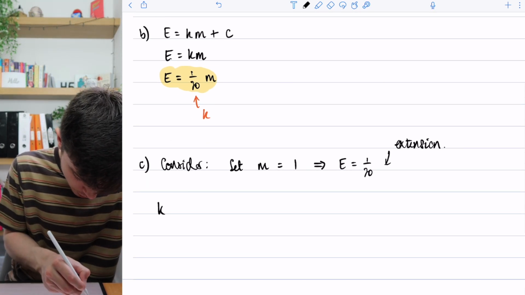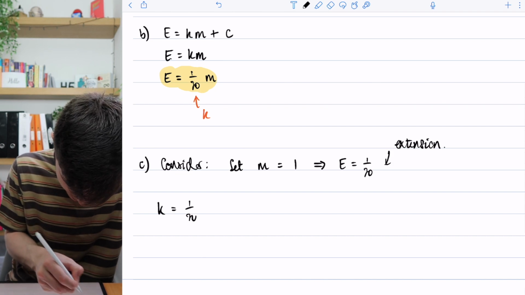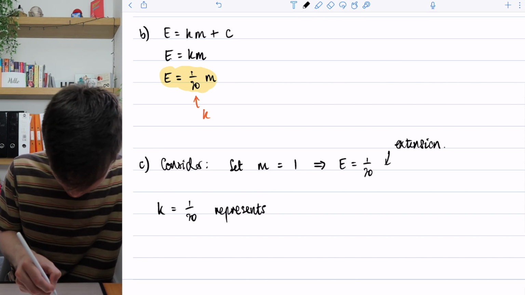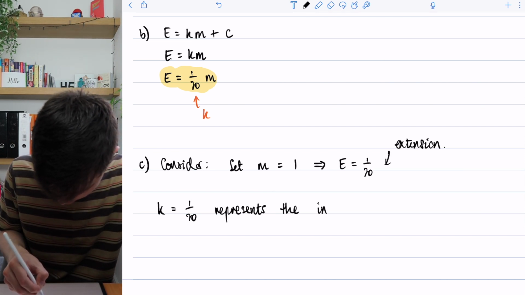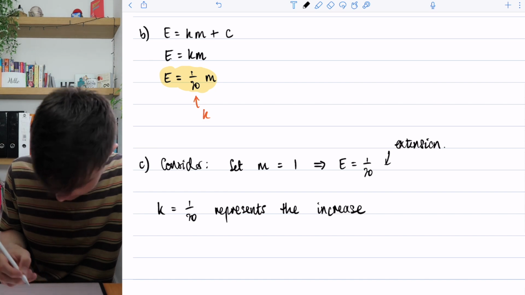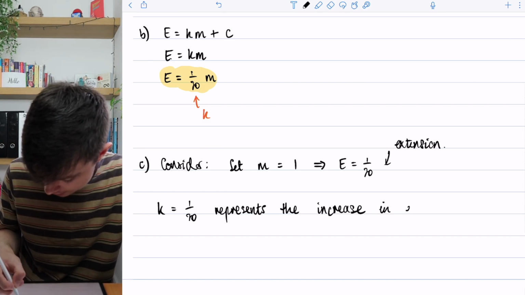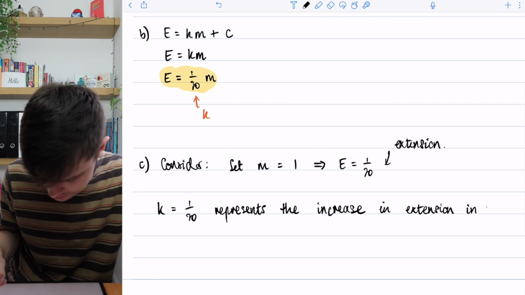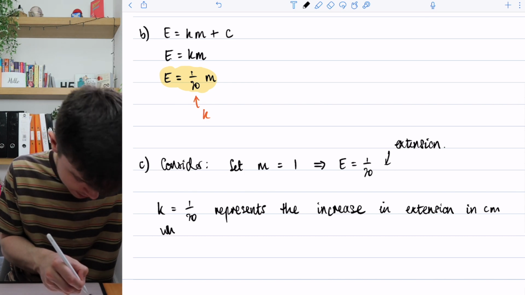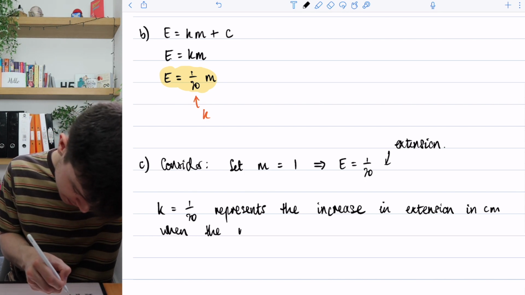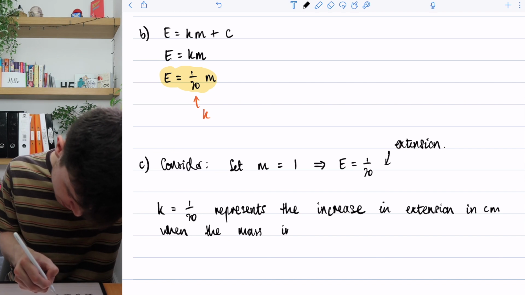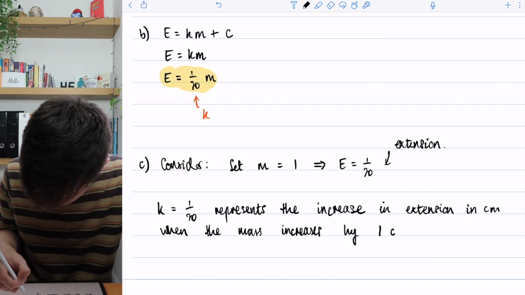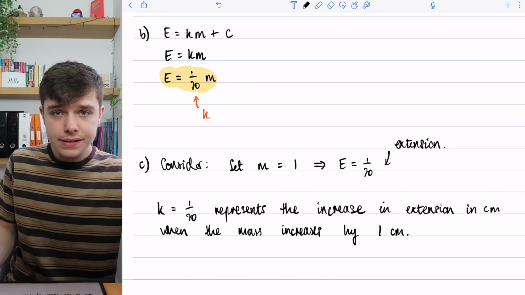It says K, or in other words, K equals 1 over 20, represents the increase, and don't forget your units here because it's a real life situation, in extension in centimetres when the mass increases by 1 gram.